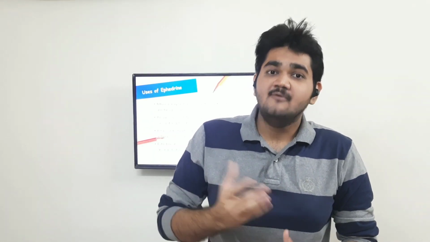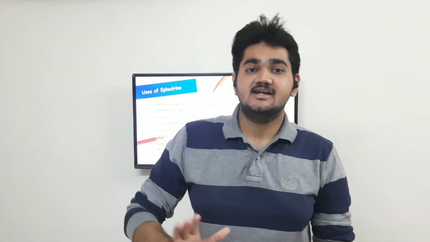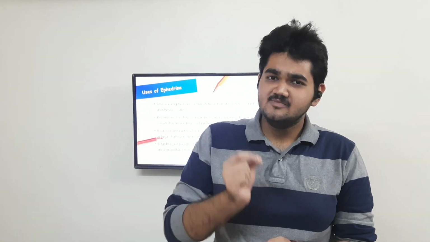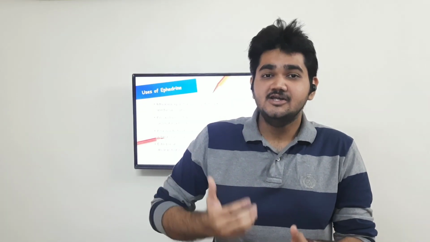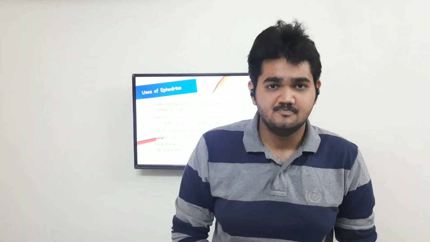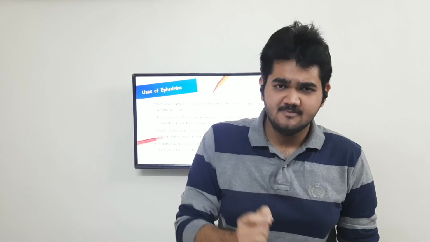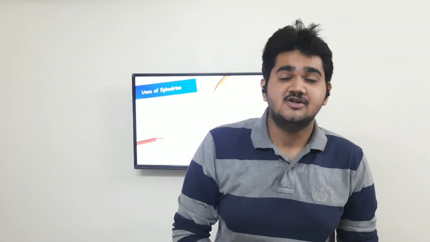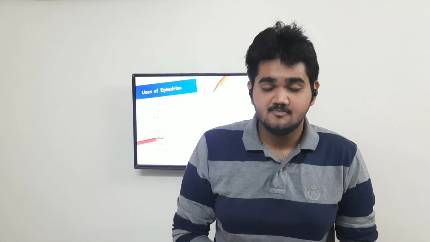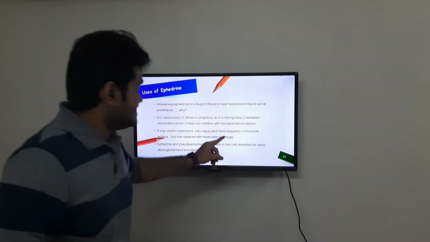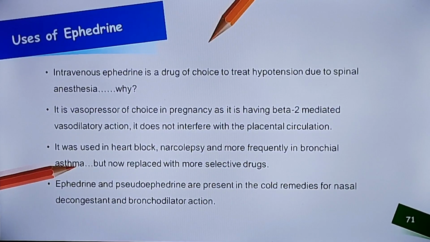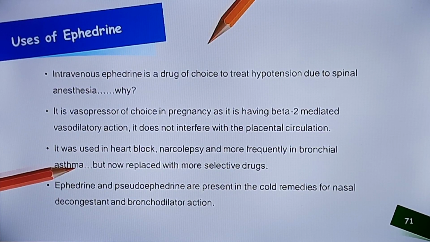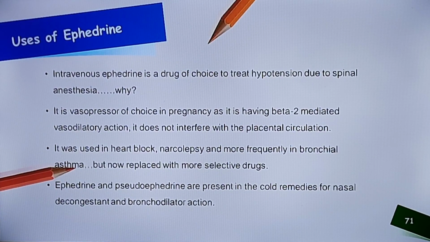Why? क्या फर्क पड़ता है कि अगर हमने अल्फा 1 को ही डायरेक्टली स्टिम्युलेट कर दिया और भी से अगर मेरे पास कोई डायरेक्टली एक्टिंग अल्फा 1 एगोनिस्ट है, why I can't use it? The answer is very simple. जब हम ऐसे ड्रग्स यूज करते हैं which is having its main action on alpha 1 adrenergic receptor, वो जो सर्कुलेशन है that is प्लासेंटल सर्कुलेशन को हिंडर कर सकता है, because we know that whenever we stimulate our alpha 1 adrenergic receptor it will cause vasoconstriction. बट एफेड्रिन का क्या फायदा है?